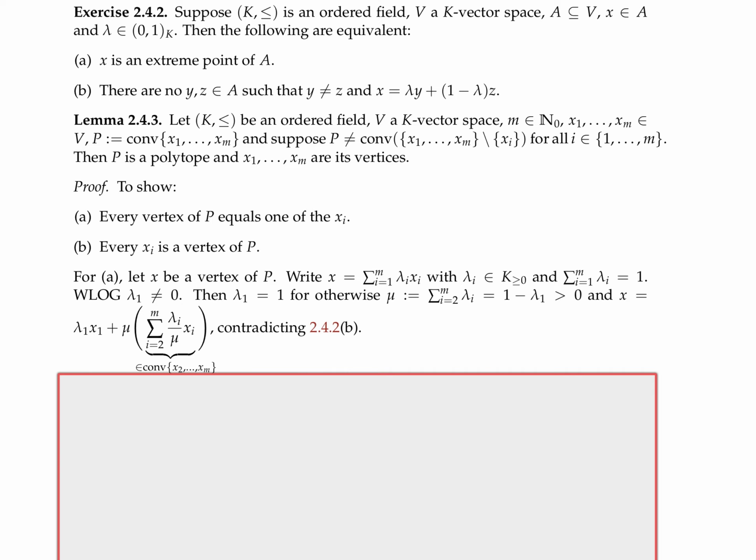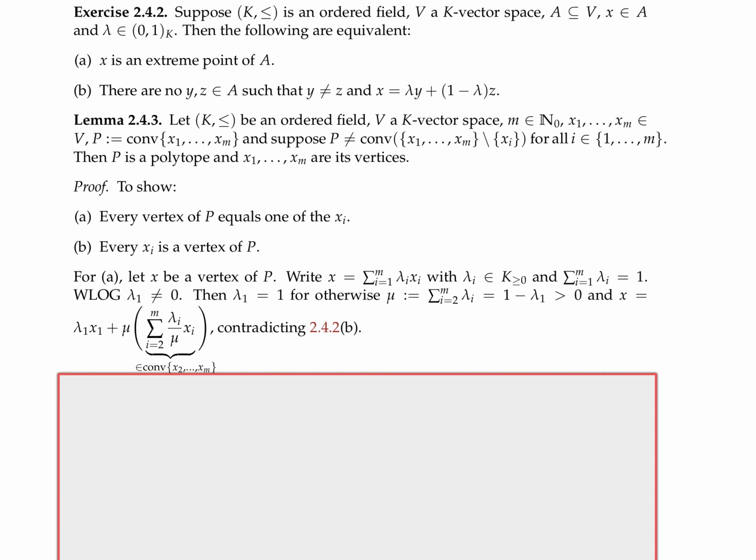And why is this? So this is in the set P. That's even, so x1 certainly is in P, but right, so, but this is also in P. Why is this in P? Because it's even in the convex hull of x2 up to xm, and therefore in the convex hull of x1 up to xm. And why is this?